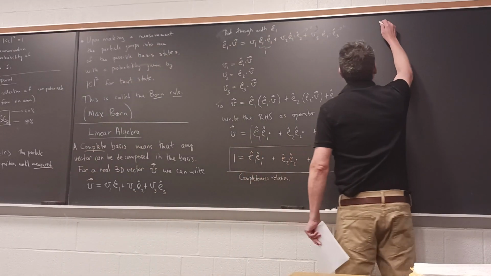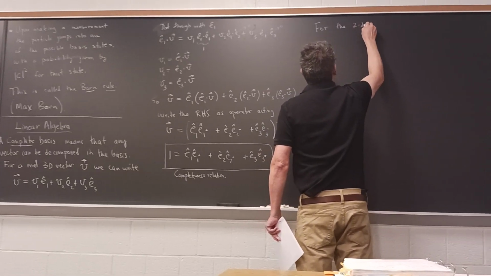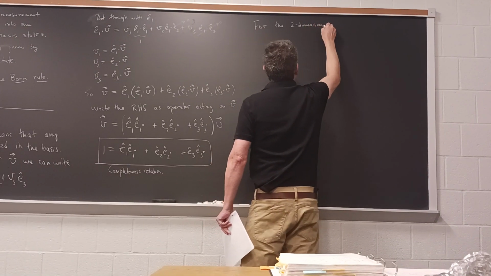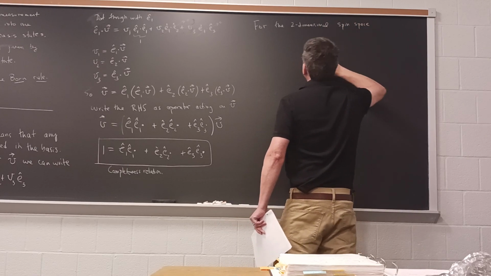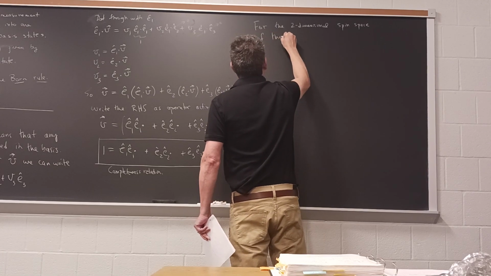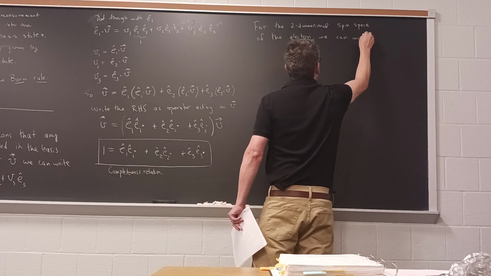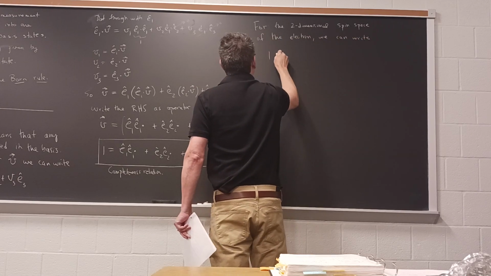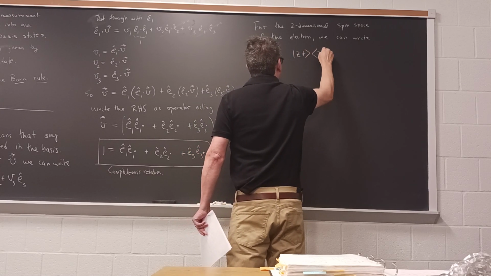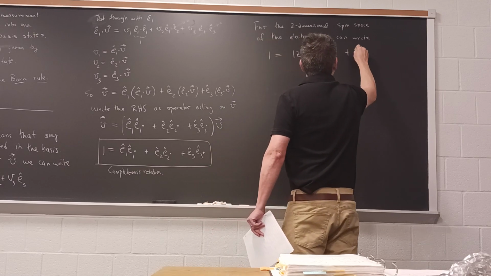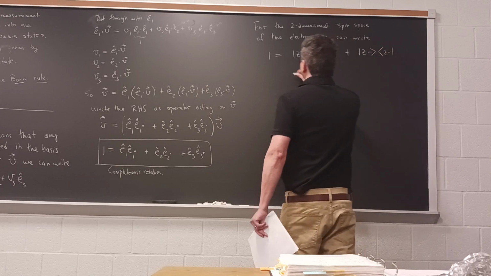So for the two-dimensional spin space of the electron, we can write the following: 1 equals Z plus, plus Z minus, okay?